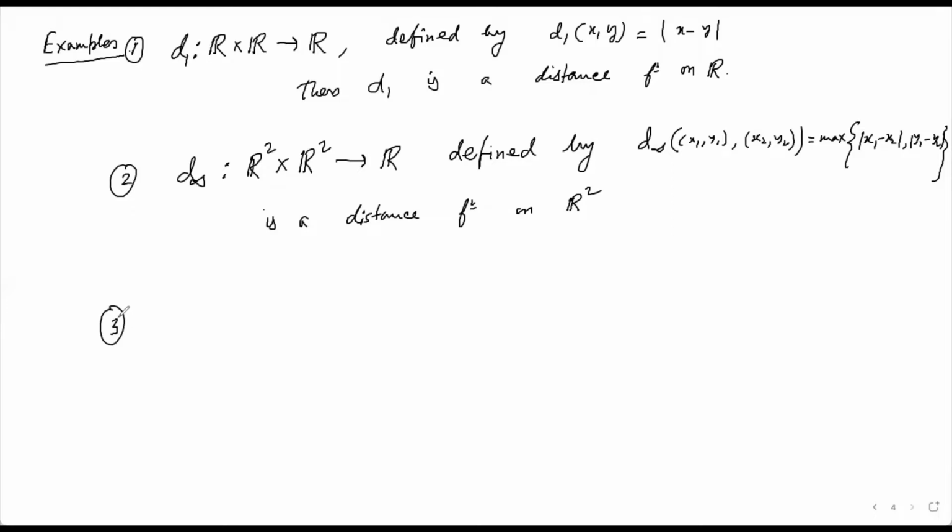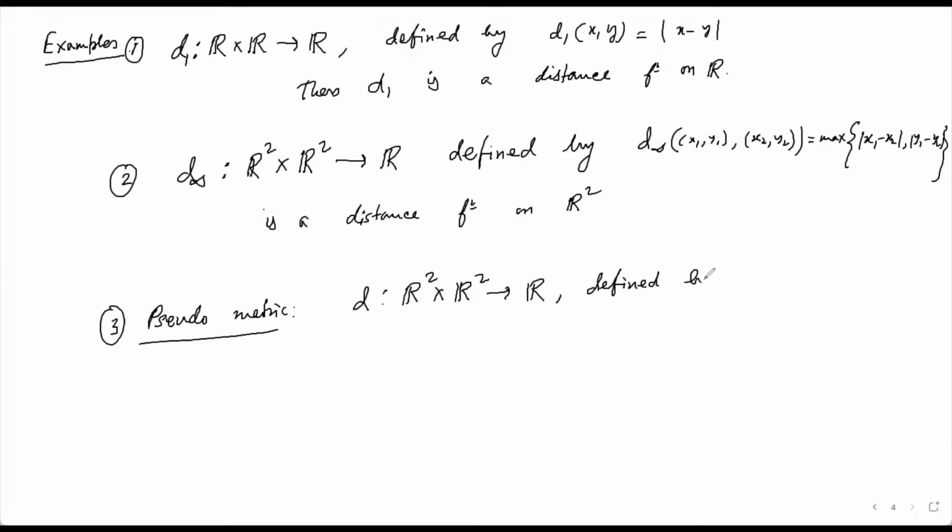Now in the third example, we give an example of a pseudometric. d from R2 cross R2 to the set of all reals defined by d((x1, y1), (x2, y2)) equal to the absolute value of x1 minus x2.